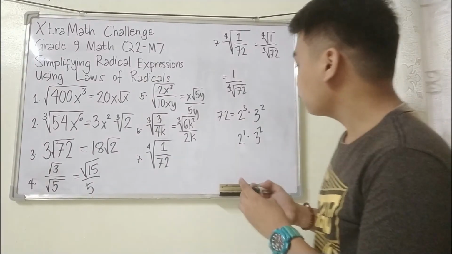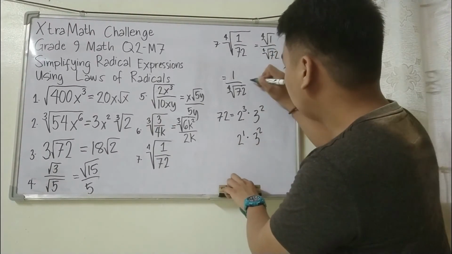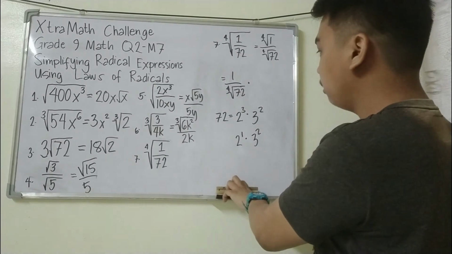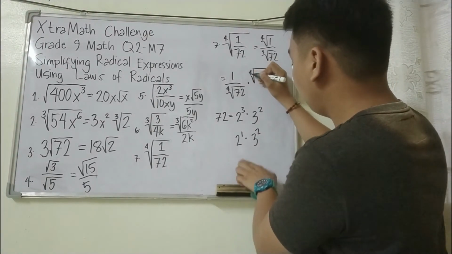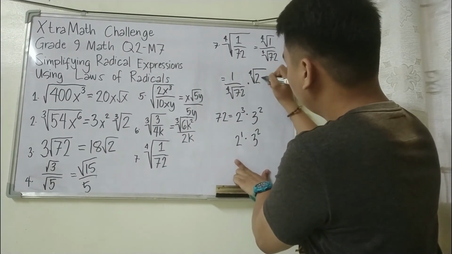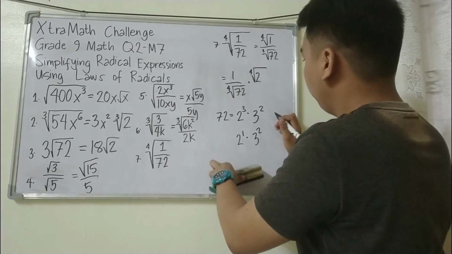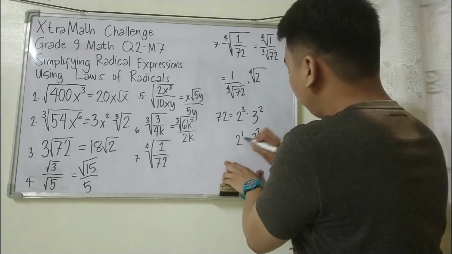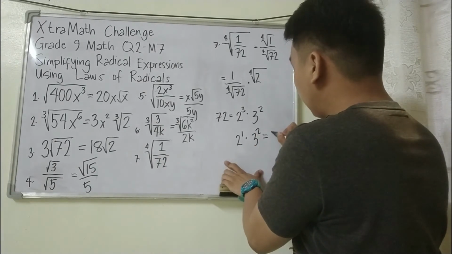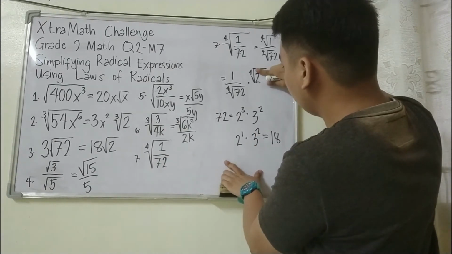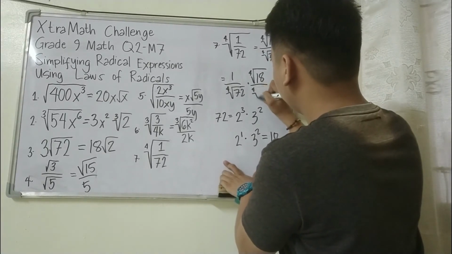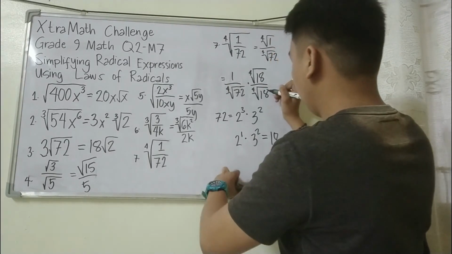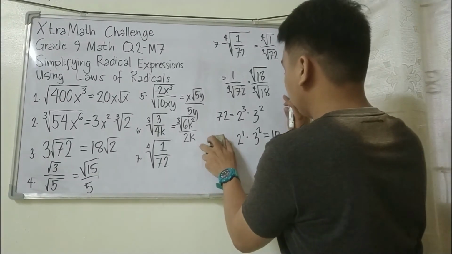So, yung kailangan nating i-multiply dito, mga ka-Hobbiters, is fourth root of 2 times 3 squared, and 2 times 3 squared is 18. So, yung kailangan nating i-multiply dito is fourth root of 18.